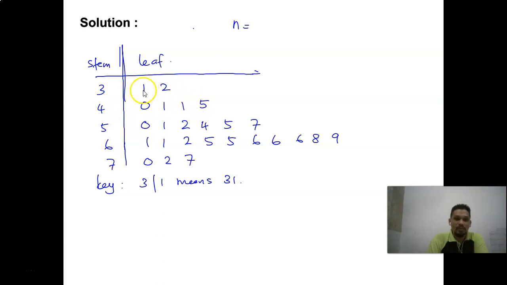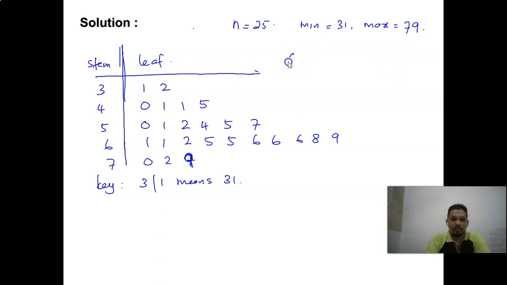So now the number of observations: we may count from here 1, 2, 3, up to 25. The number of observations is 25, where the minimum is 31 and the maximum is 79.